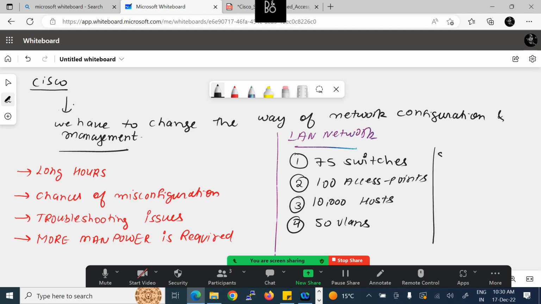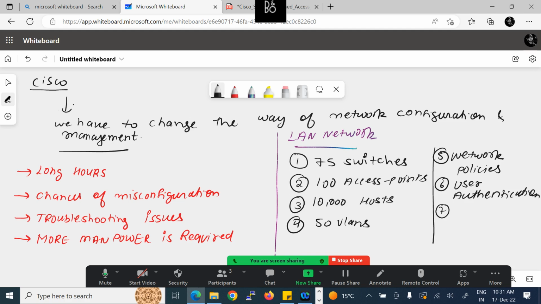Then network policies. We have to make sure that the user is authenticated. So user authentication. All right. There are hundreds of things here.